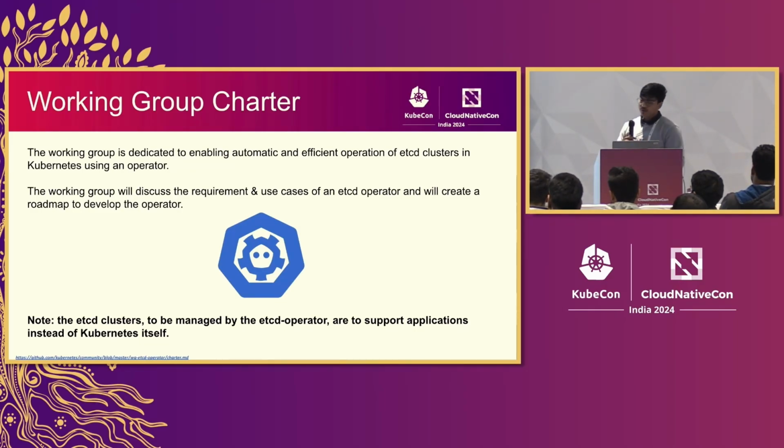As an immediate goal, we are focusing on developing an etcd operator at the application level, which will run on Kubernetes, rather than managing the etcd clusters running within the Kubernetes cluster for those Kubernetes clusters.